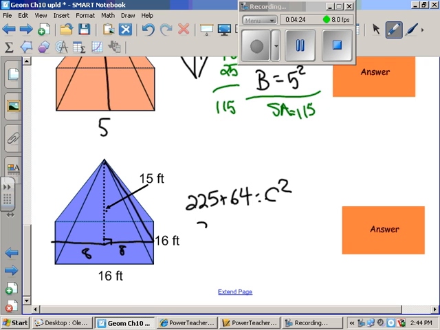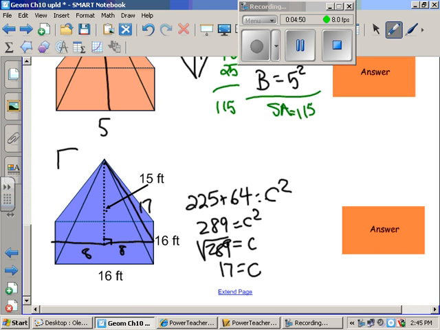So 289 equals c squared, and c is the square root of 289, which is 17. And then I can just do it exactly like I did the one before.